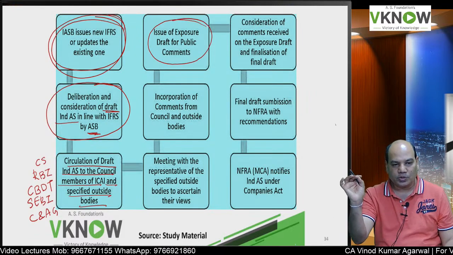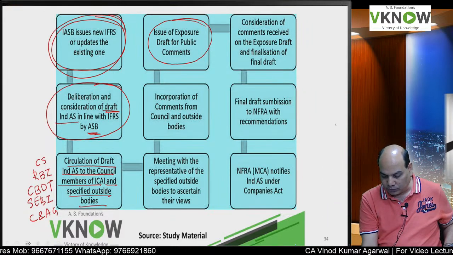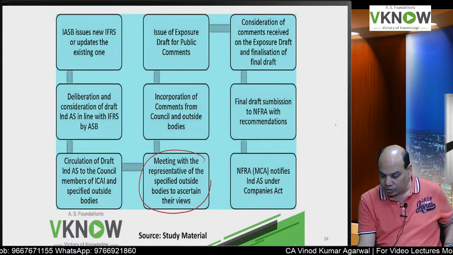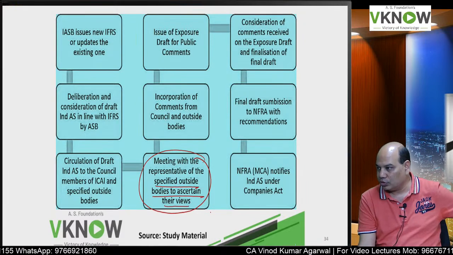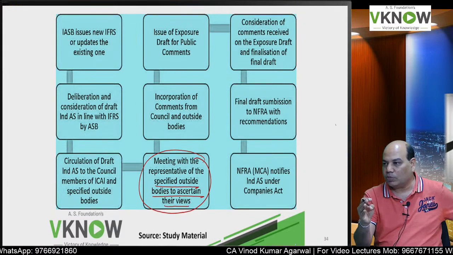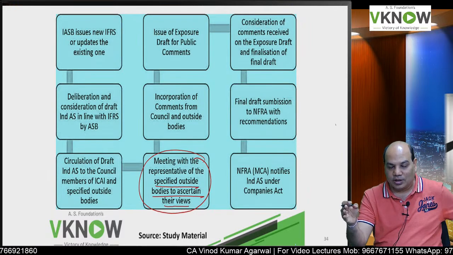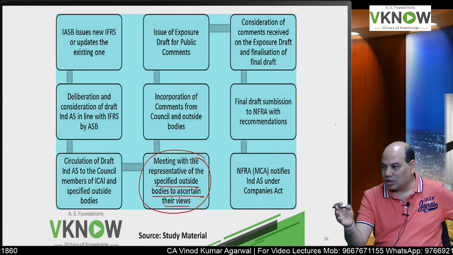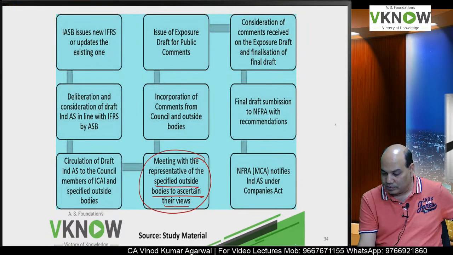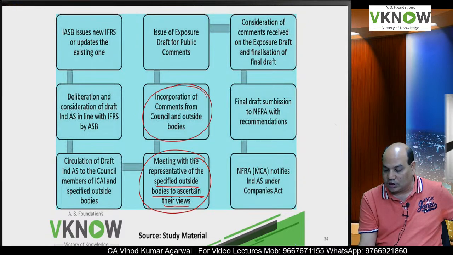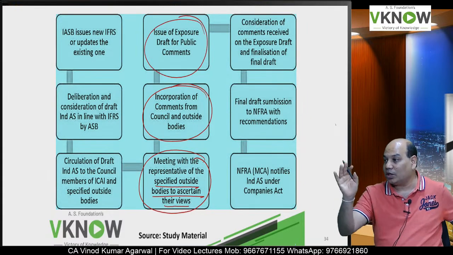If you look at the institute website, they will come out with exposure draft. Before that, sorry, we will go to this one. Meeting with the representative of the specified outside bodies to ascertain their views. So they will call the meeting of people from SEBI, C&AG, CBDT, RBI, Company Secretary Institute, and that ICMA Institute, and they will offer their suggestion. After receiving their suggestion, they will incorporate in the draft and issue exposure draft for public comment now.